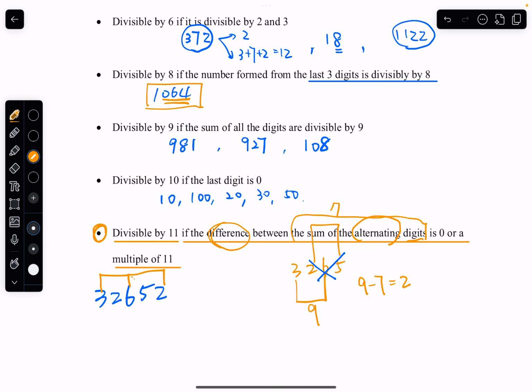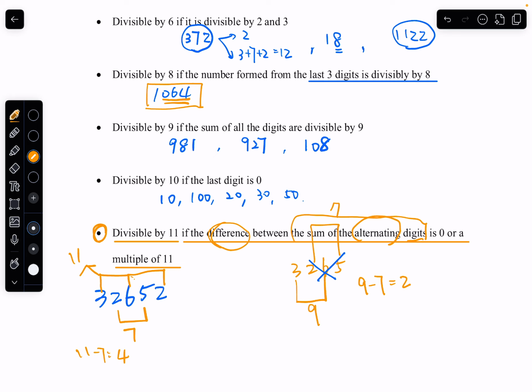These three are alternating digits: 3 plus 6 plus 2 is 11. 2 plus 5 is 7. So 11 take away 7 is 4. Now this number cannot be divisible by 11.